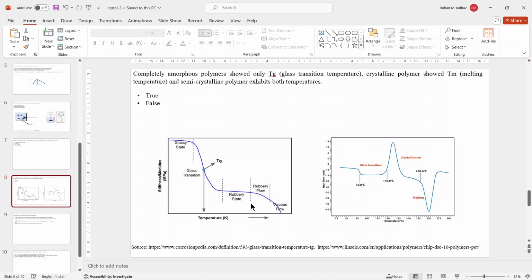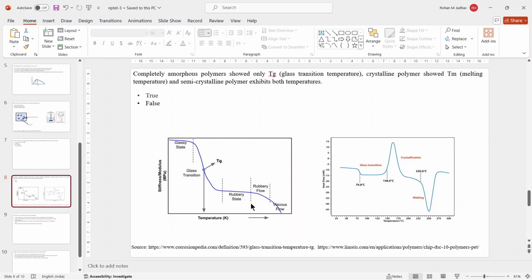So amorphous polymers, what happens is that even though the polymer chains are present in a haphazard manner, as we all know by definition of amorphous and crystalline, they will definitely have some structure at their respective temperature. If you increase the temperature, they will come to a position where these haphazard chains are free to move, and that exactly is the glass transition temperature.